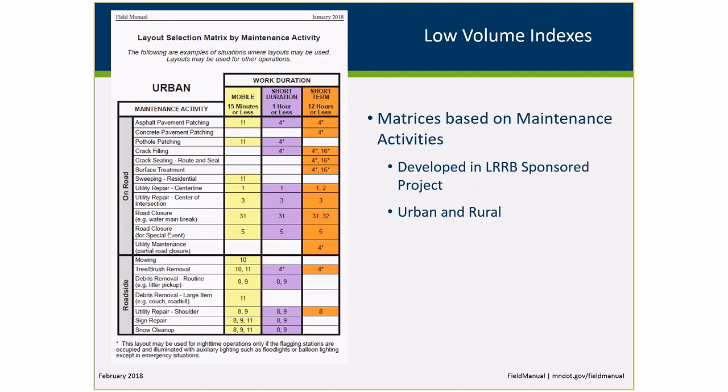The field manual, since it was developed by MnDOT, and yes, it's approved by the Minnesota Committee of the Uniform Traffic Control Devices, was kind of highway-centric. It was conservative. A lot of the devices placed out there had the expectation that you're going to have high-speed traffic, and that's going to happen many, many times. But there are lower-speed roads in which you may not need as many traffic control devices.